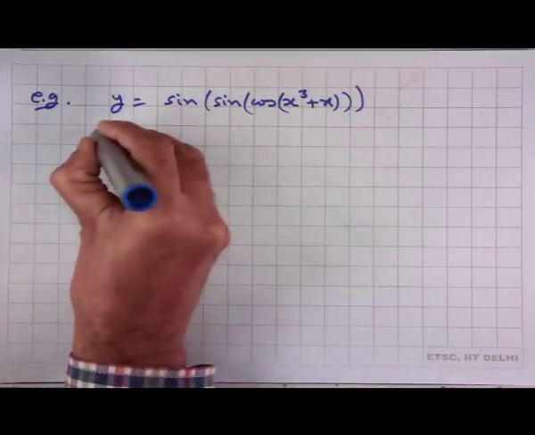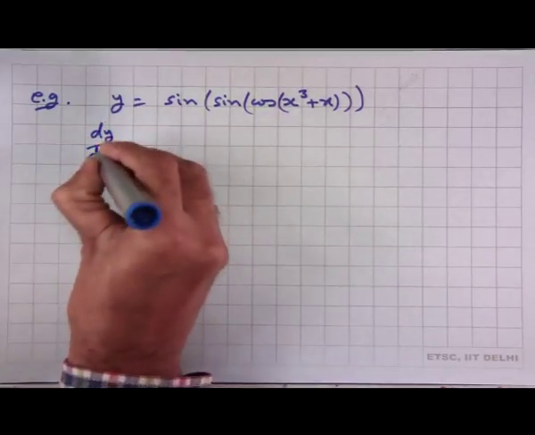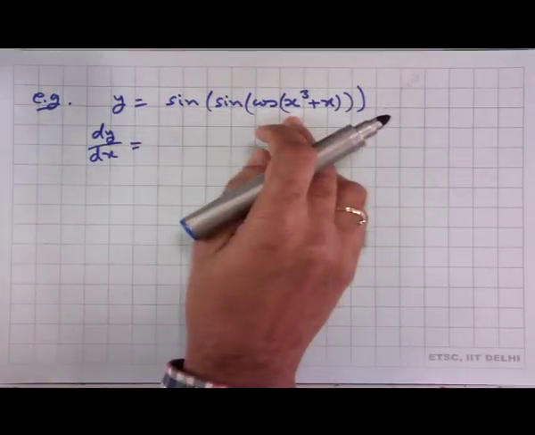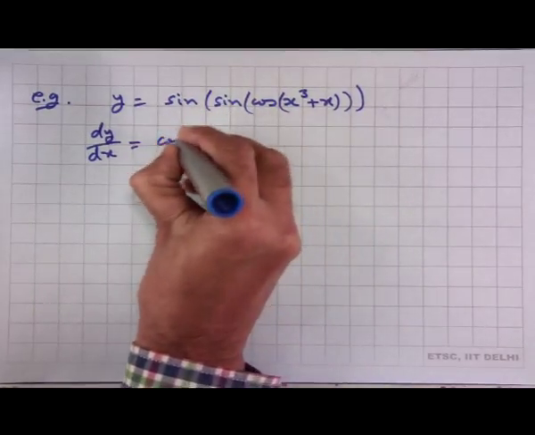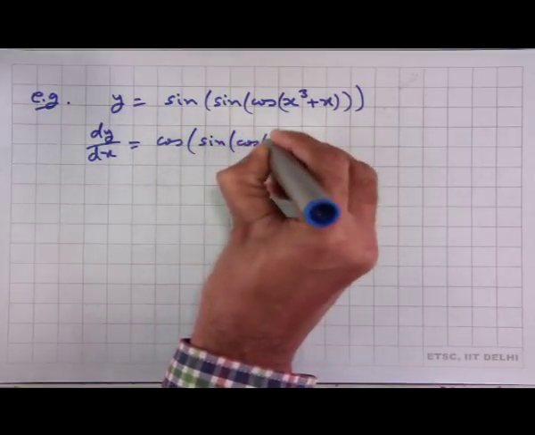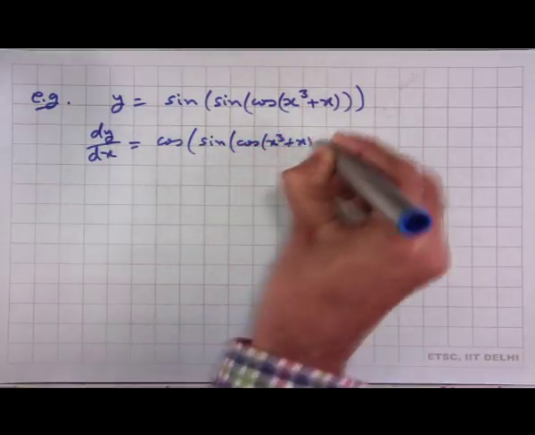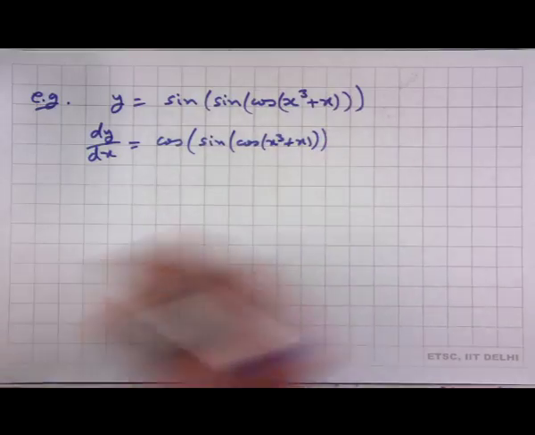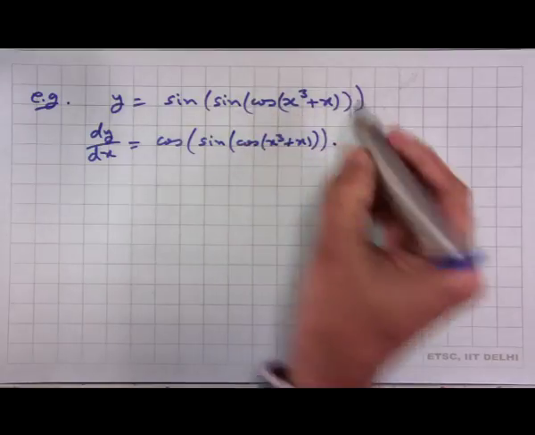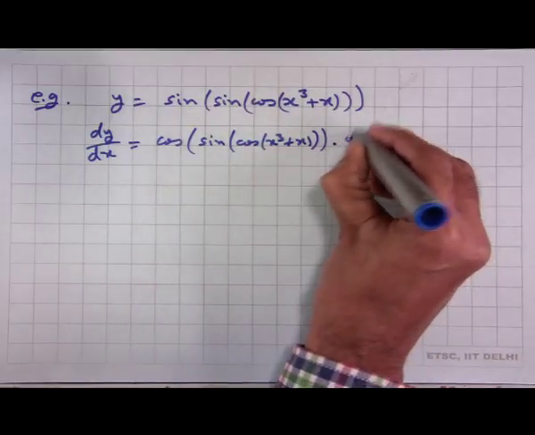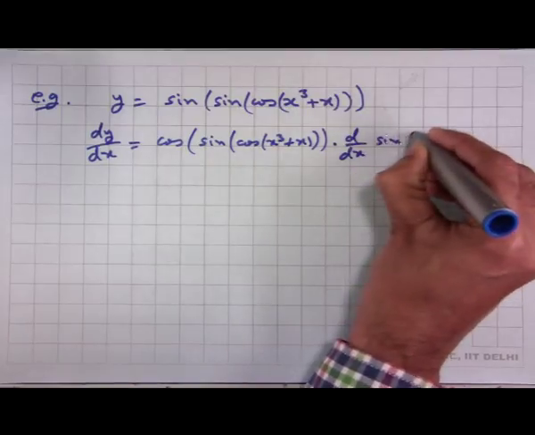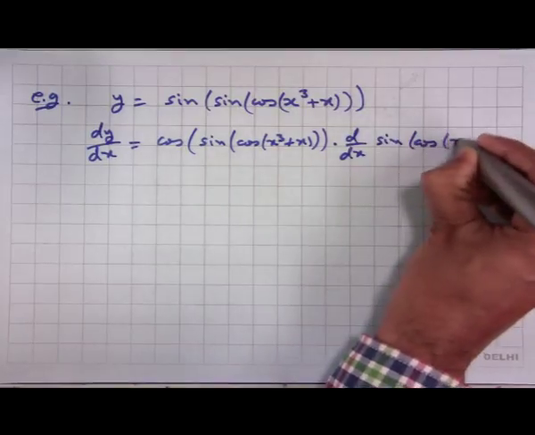If you have to find the derivative dy dx, here the outermost function is sine of something. So, you get cosine of this whole thing, then you have to take the derivative of sine of this. So, times, let me write once more, dy dx of sine of cosine x cube plus x.